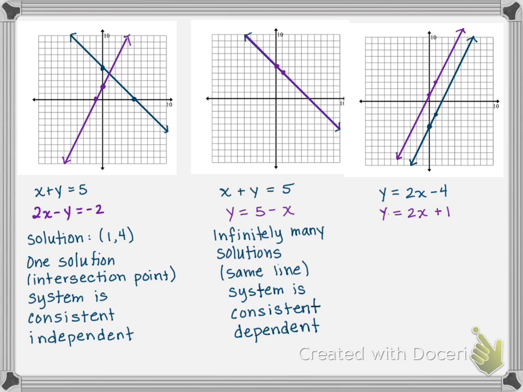So in this case, we have no solution. So that occurs when we have parallel lines. And when that is the case, we say that the system is inconsistent.